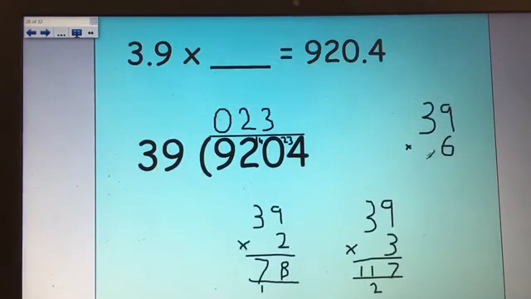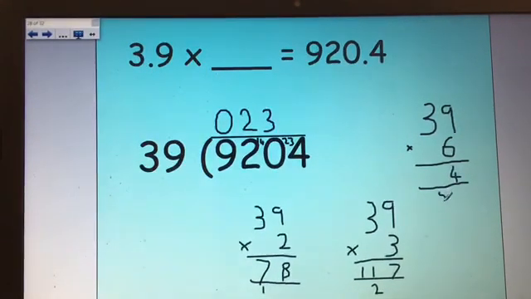I reckon I'm right, but I'm going to check anyway. 9 times 6 is 54. 3 times 6 is 18. Add the 5. 23. Yes, I am correct.